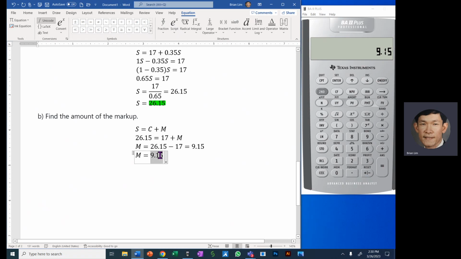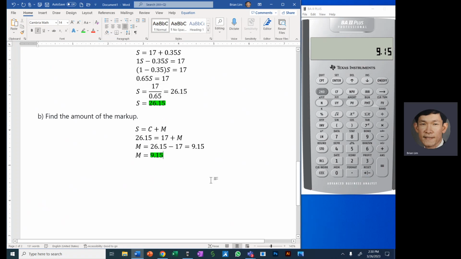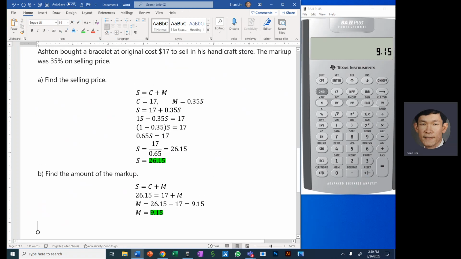Now, alternatively, we could have used the other bit of information right here.